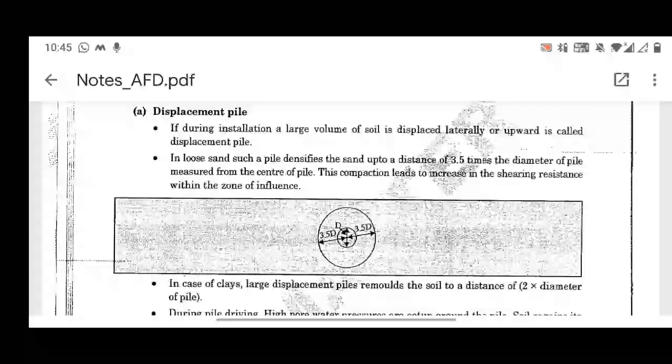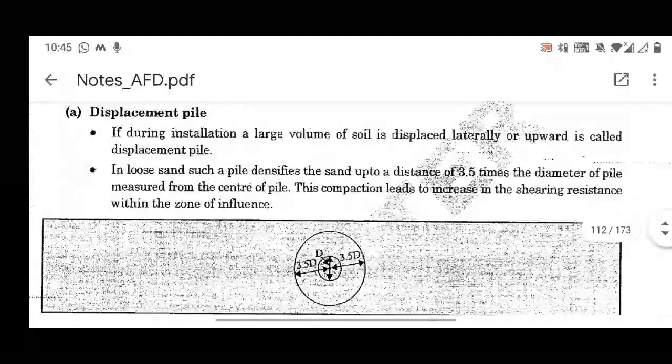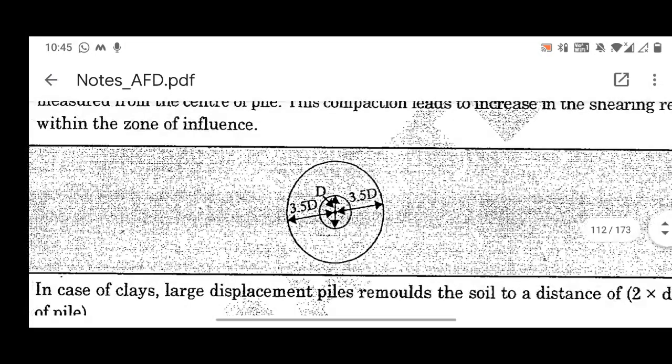So you can easily see from this figure, this zone of influence is reaching up to 3.5 times the diameter of the pile, right? So once you install a pile into a loose sand deposit, this loose sand deposit will get compacted up to a distance of 3.5 times the diameter. That is what we are calling the zone of influence, right? So this is the compacted zone.